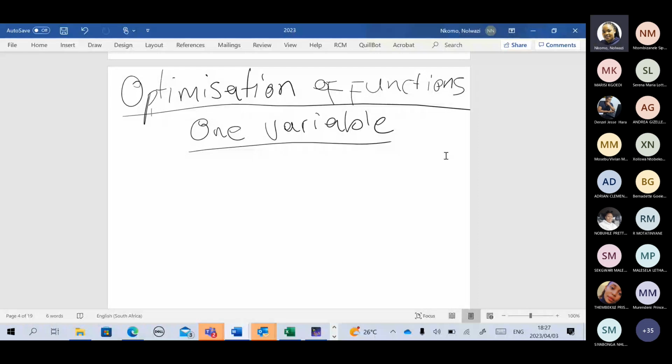So now we are finding the maximum or the minimum points. If you are asked to find the maximum and the minimum points, the first thing that you need to do is to find the stationary points.